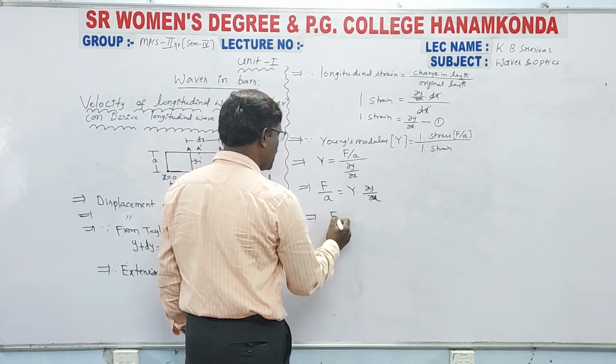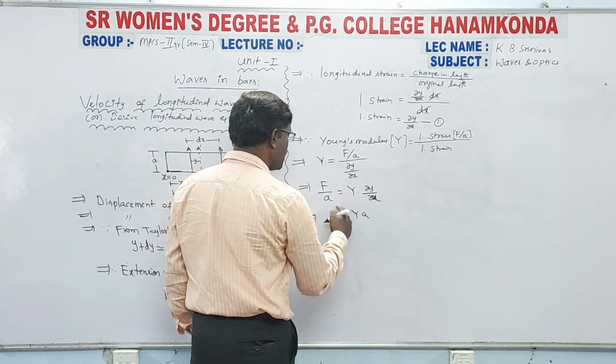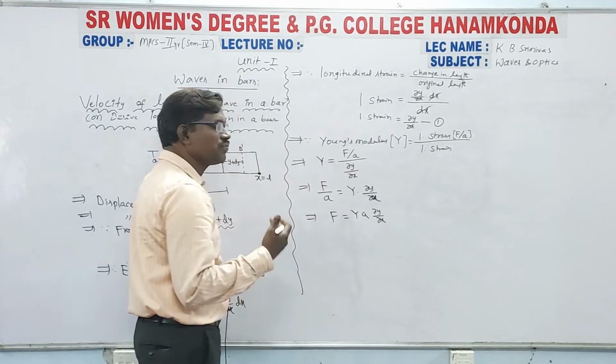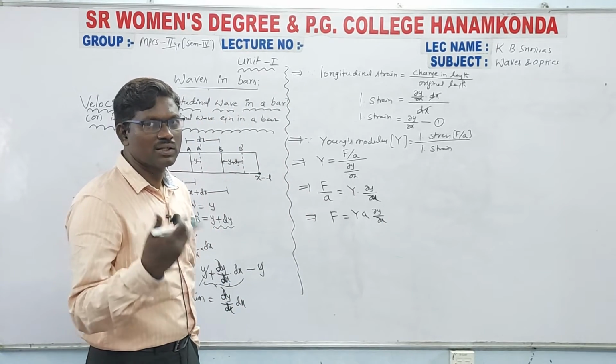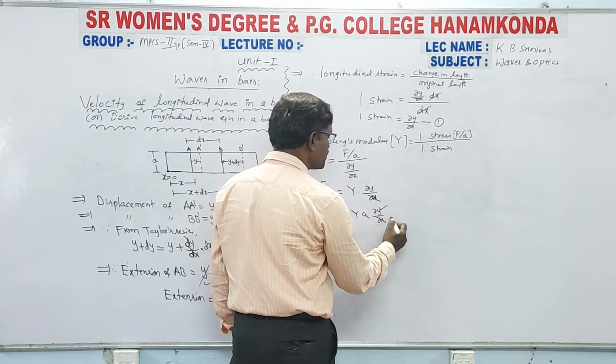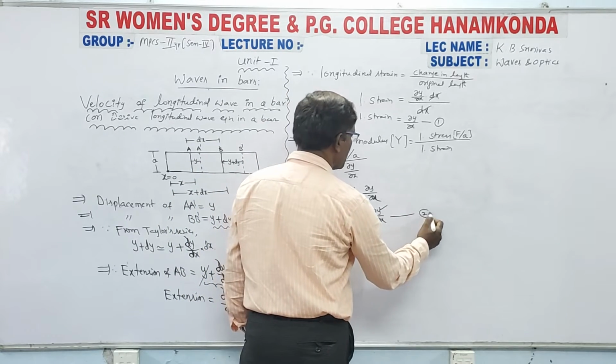Next step will be F is equal to Y into A into ∂y/∂x. This is the force acting on the layer which is having displacement y. Let this be equation number 2.